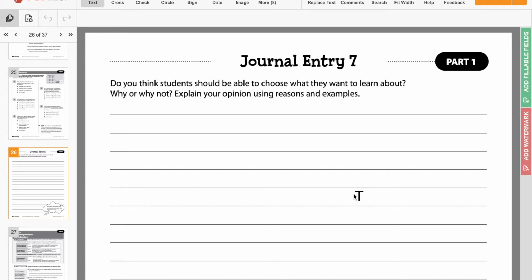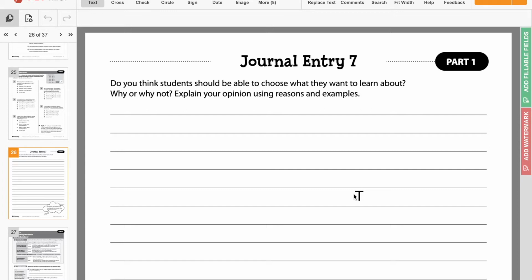So it says, do you think students should be able to choose what they want to learn about? Why or why not? Explain your opinion using reasons and examples. So with this, you need to look at school-related topics.